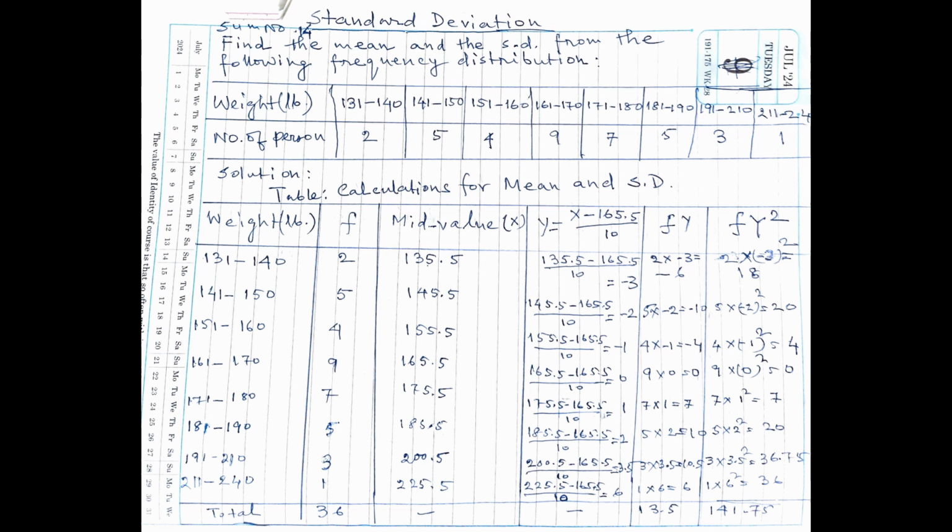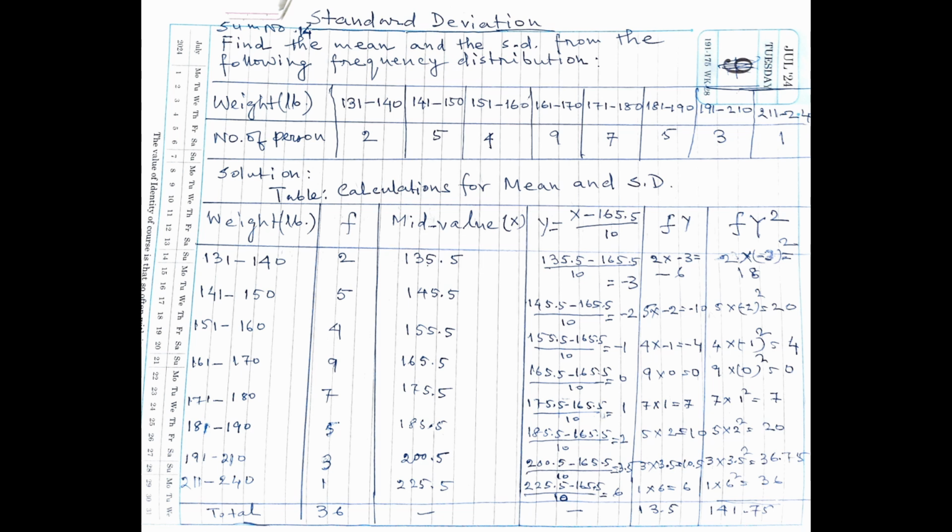Weight in LV, first column; second column frequency; third column mid value denoted by X; fourth column Y is equal to X minus 165.5 by 10; then Fy, then Fy square column.